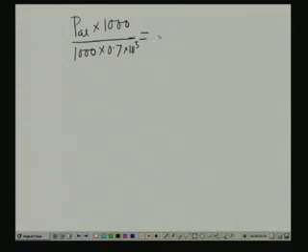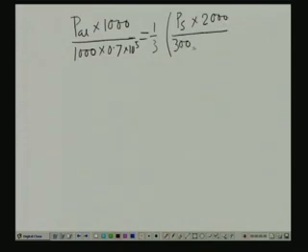This is equal to 1/3 of P steel times length, which is 2 meters, divided by the cross sectional area of steel, which is 300, times 2 into 10 to the power 5.